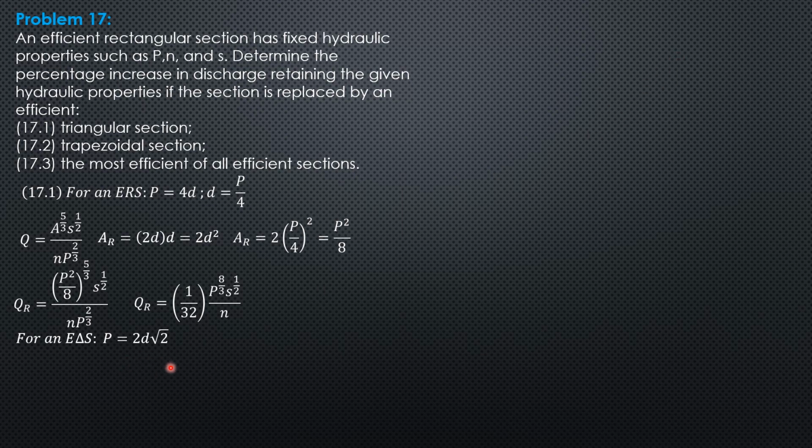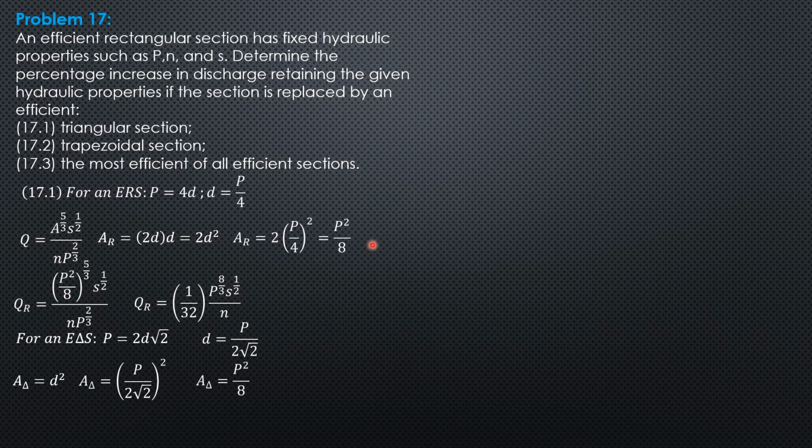So 2D square root of 2. The area is D square, if you can remember. So therefore, the depth is perimeter over 2 square root of 2. The area of the efficient triangular section is 1/2 of 2D times D, so D square. Then replace D square by P over 2 square root of 2 quantity square. So it is also P square over 8.